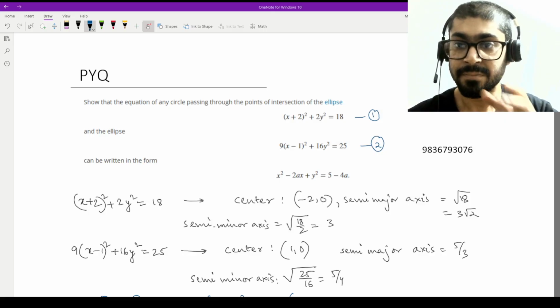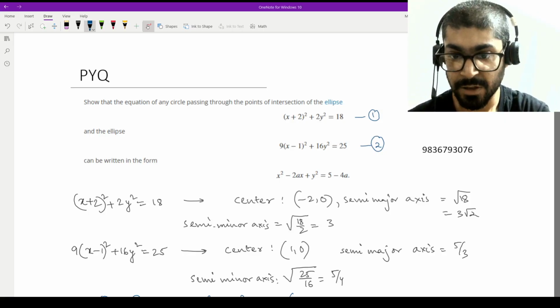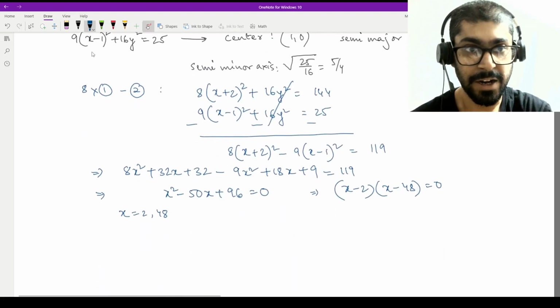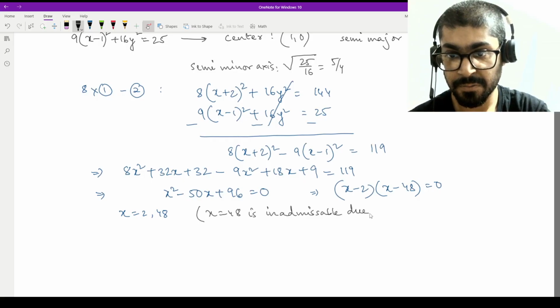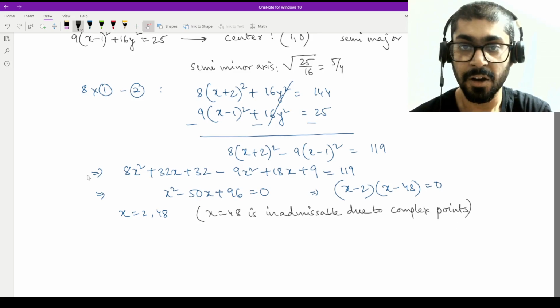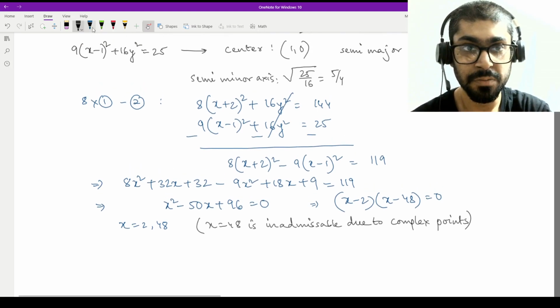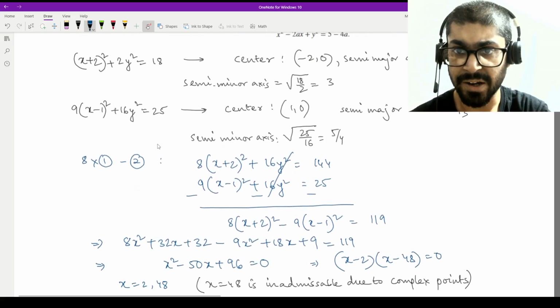Alright? So take x = 2. Just write x = 48 is inadmissible due to complex points. Alright, so if x is equal to 2, then we can calculate y, right?